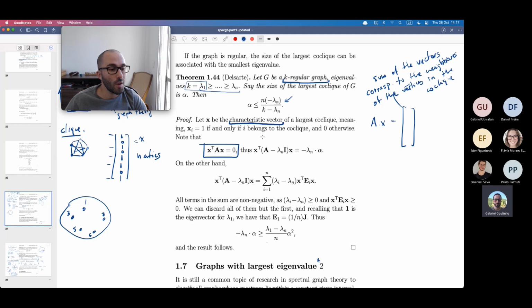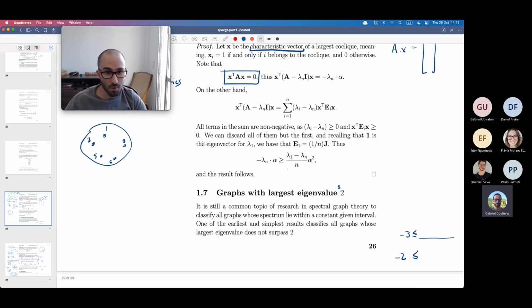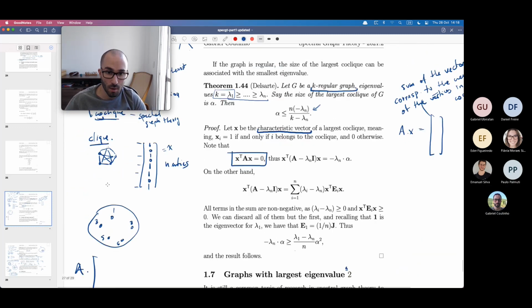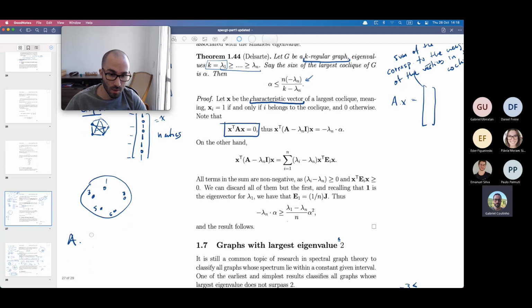Now, it is very important at this point that you truly understand why this is true. It's just matrix multiplication. When I multiply A by a vector that looks like this, 1, 0, 1, so let's assume that here I have A, this is A, multiplied by 1, 0, 1, 0, 1, 1, 0, 1. Right?